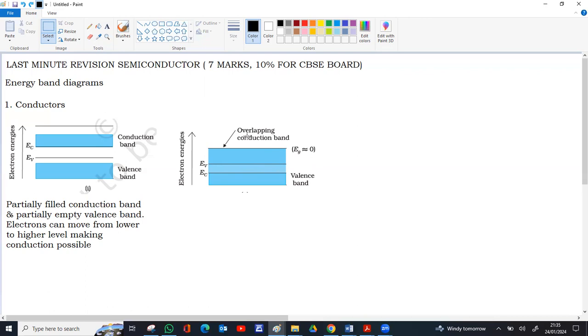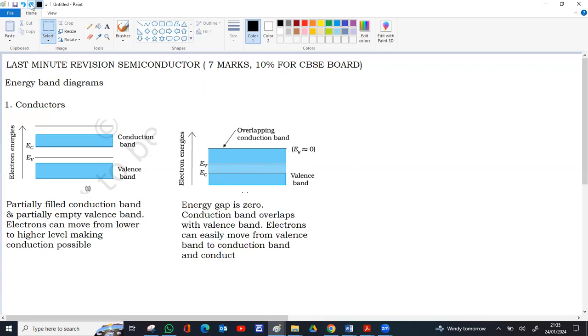The overlapping of the conduction band is supposed to be extended till here. This is the overlapping of the conduction band with the valence band. The energy gap is zero. So electrons can very easily make the material conductive.